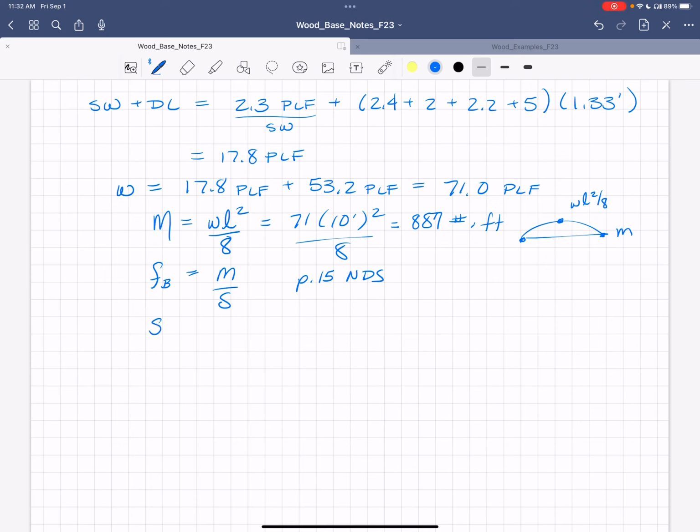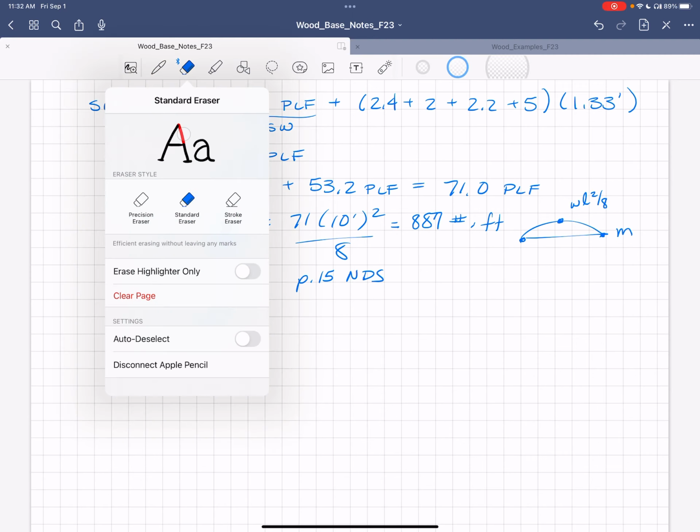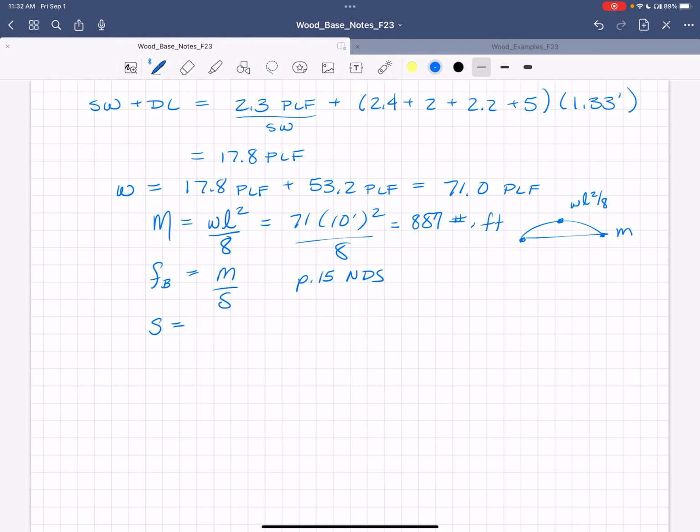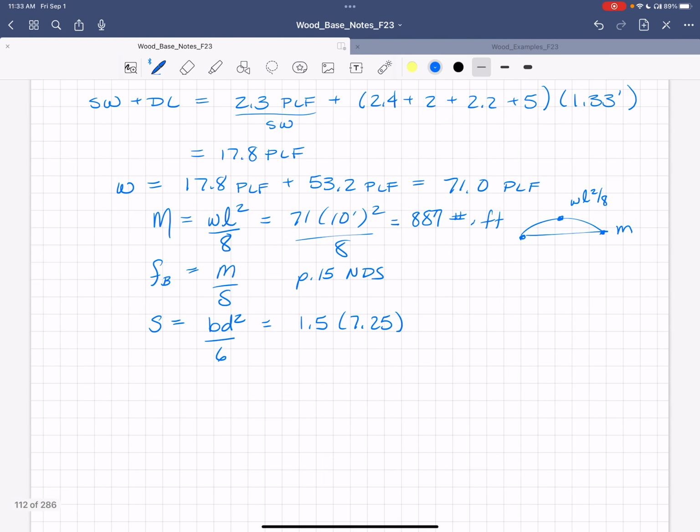We know also that S is bh, or I'm going to use d because that's what they use in the design standard typically, is bd squared over 6, right? All that is I over y. And from there I get 1.5, putting everything in inches here, over 6.